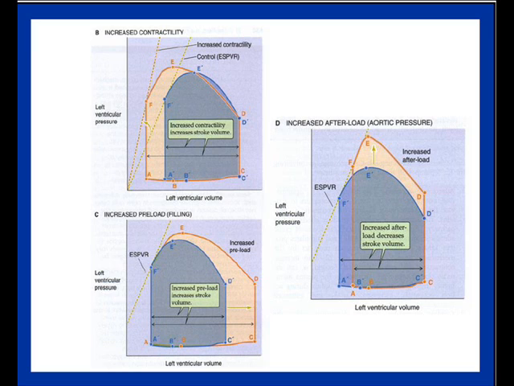So we've got end diastolic volume and end systolic volume. Stroke volume is just a function of the two, isn't it? It's EDV minus ESV. So if you increase preload, you end up with a curve like this, and you're going to increase stroke volume. That would make sense. And that's what happens here.